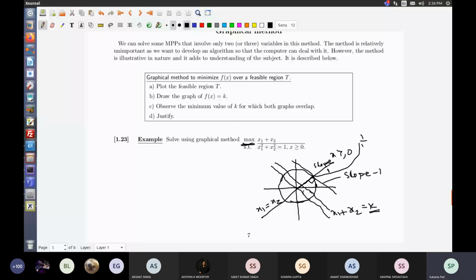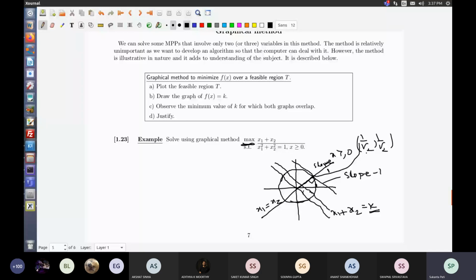So you have to argue by saying, okay, this tangent line has slope -1, therefore the normal will have slope 1. So this particular point will have both x and y coordinates same, and therefore this particular point will have coordinates 1/√2, 1/√2, because it satisfies x1 square plus x2 square equal to 1.